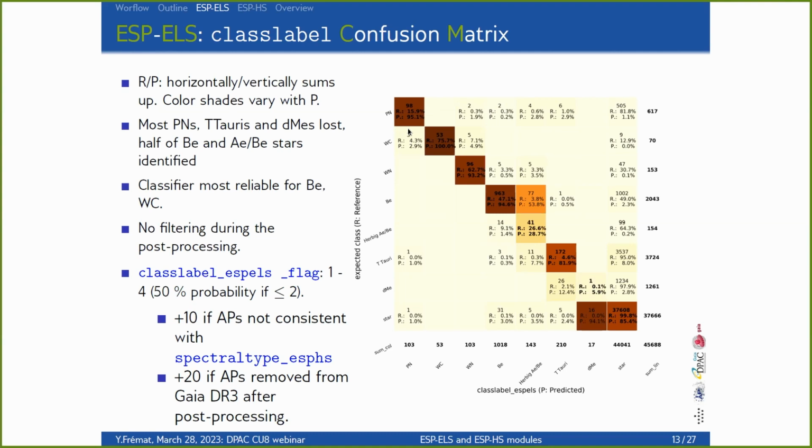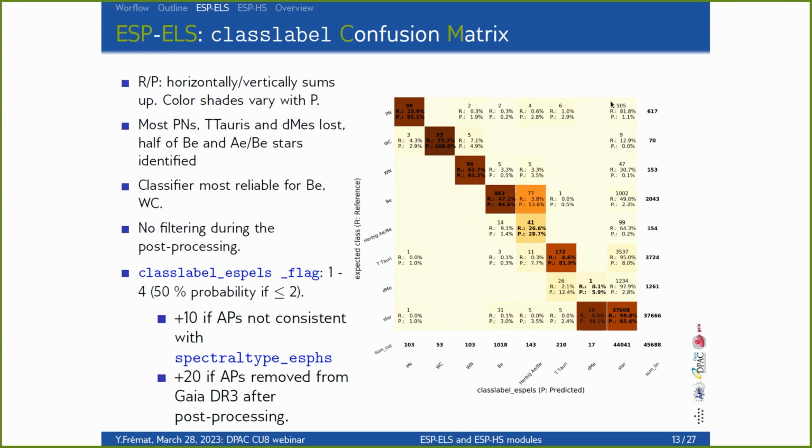So meaning that, for example, for the planetary nebulae, the number 98 means that over 670 true planetary nebulae only 98 targets have been correctly classified.